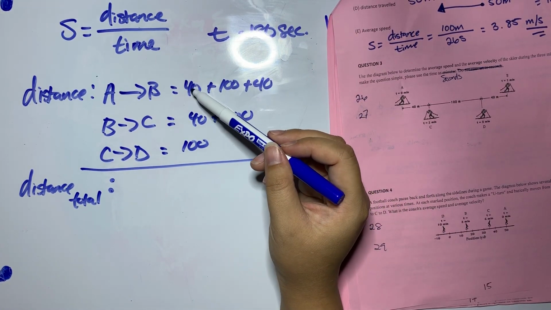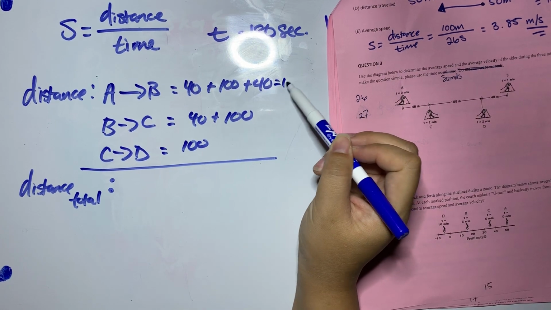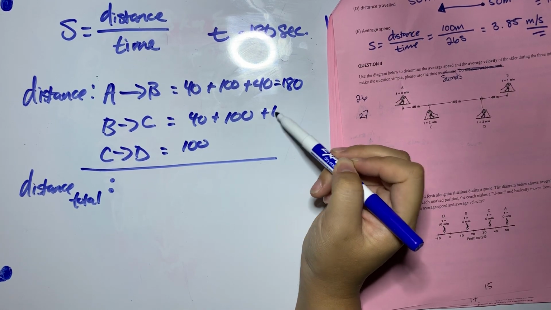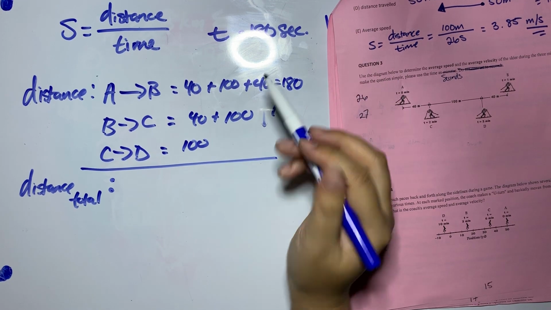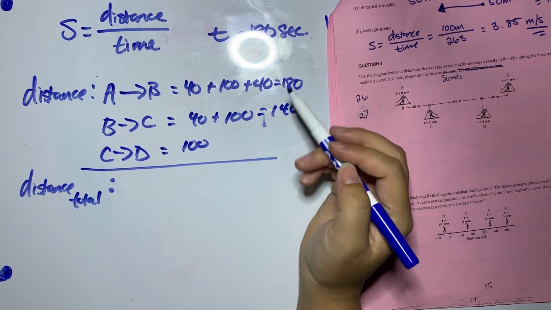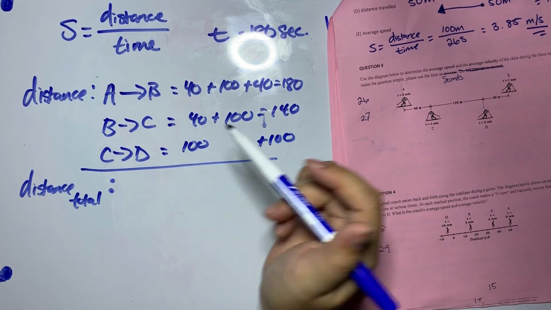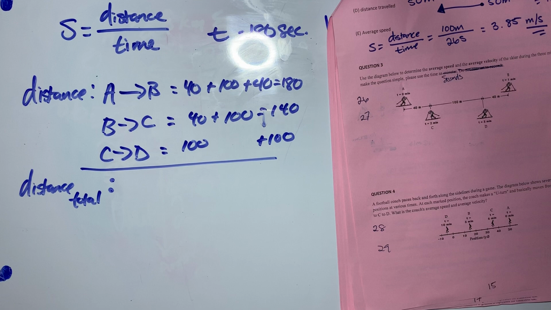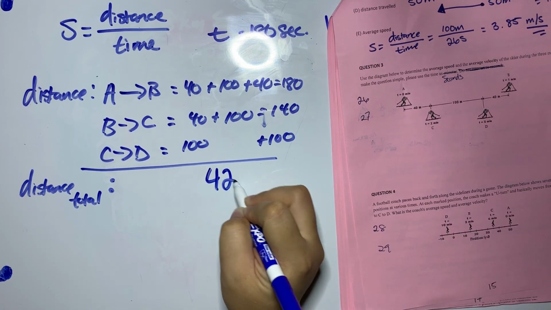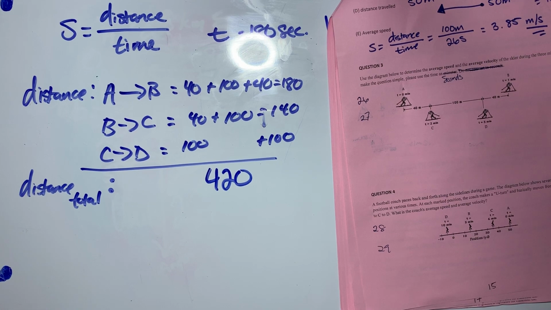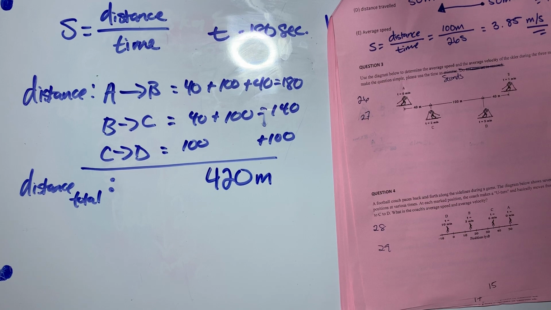So this equals 180 plus this 140 plus 100. So add everything together. Put it into your calculators. 180 plus 140 plus 100. Your total distance is 420, okay? And everything's measured in meters. 420 meters.